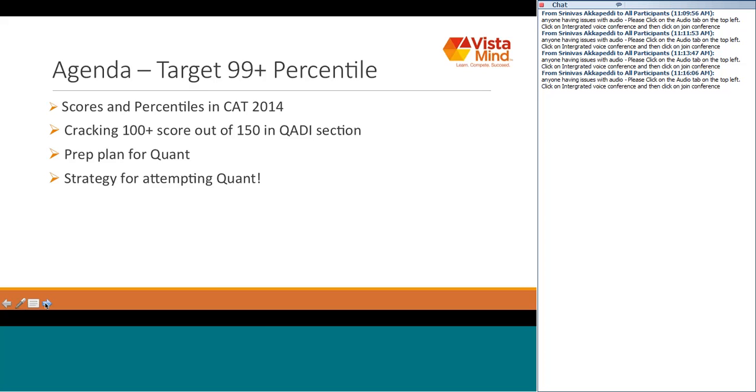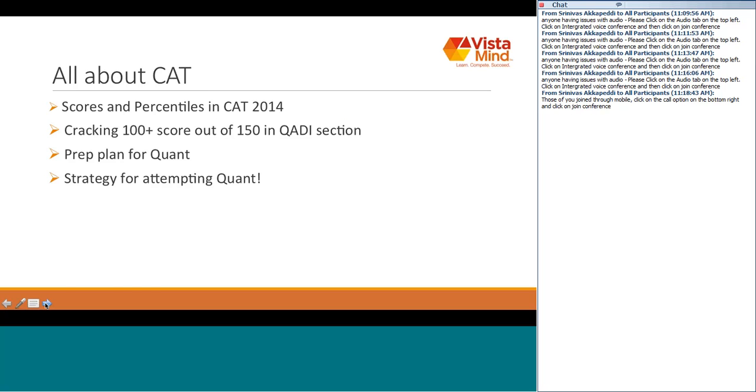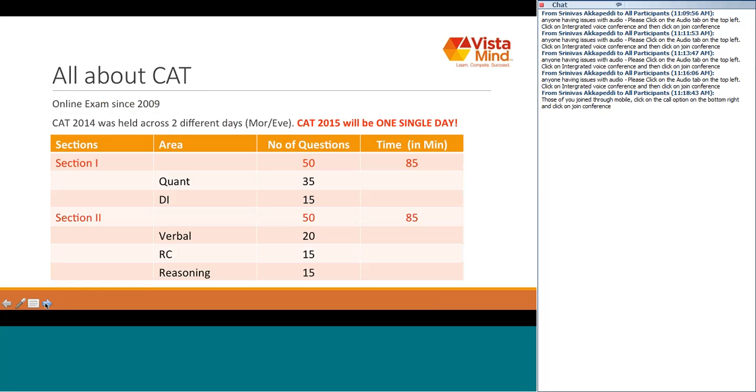First, let's look at the actual CAT paper, what was there in 2014. Okay, so those of you who have joined, those of you who have looked at the CAT 2014 and know about it, here is what it was. The CAT exam has been an online, computer-based exam right from 2009.